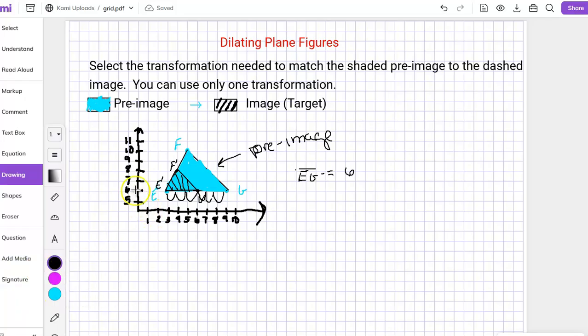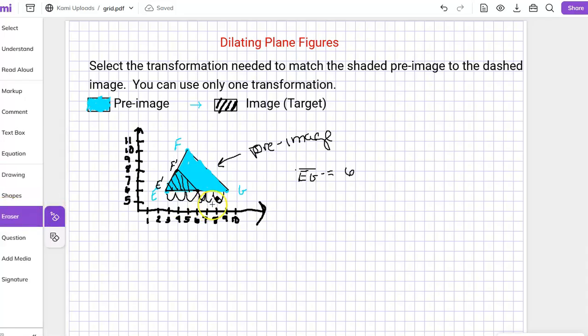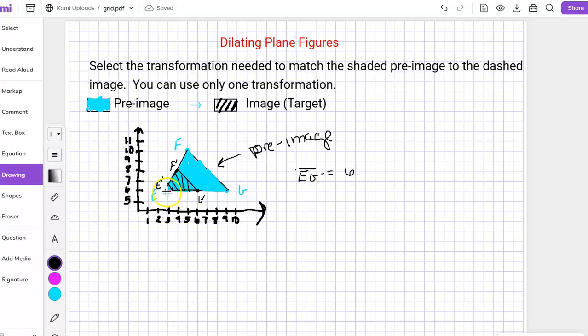And then if I look at my smaller side, E prime, G prime, I'm going to erase these. And now I'm going to do it again, but I'm going to do just my E prime to G prime. It's 1, 2, 3. So I know that side E prime to G prime is 3. So I know it's 3 over 6. I always put my image over pre-image. So that's why I did side E prime G prime over side EG.